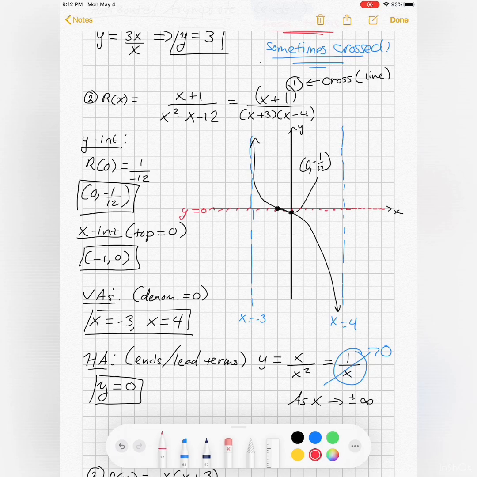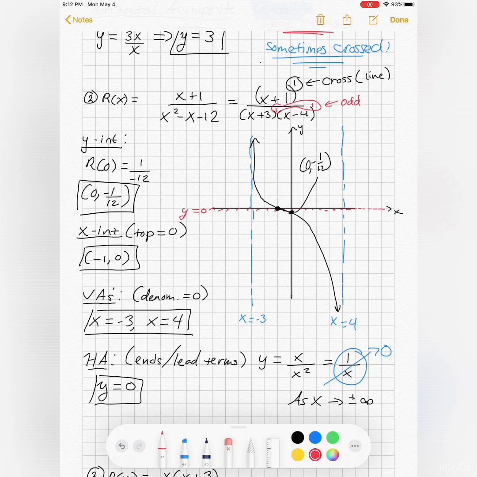Okay, now I could plug in points on either side, or I could do this. I could say actually the vertical asymptotes have multiplicities as well. The multiplicities of those are both 1s. They have odd powers. Now, the interpretation of multiplicities of asymptotes is a little different than the interpretation for multiplicities of zeros, although it's similar.